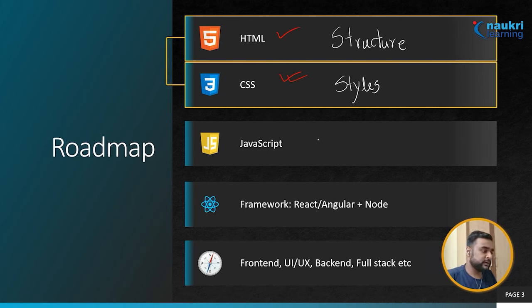This is a programming language. Don't worry, although the title is HTML and CSS, I'll dive a little bit into JavaScript also, because this is the exact beauty of the web. This is a language, and after you master all these three, HTML, CSS, and JavaScript, then I would recommend learning one framework.